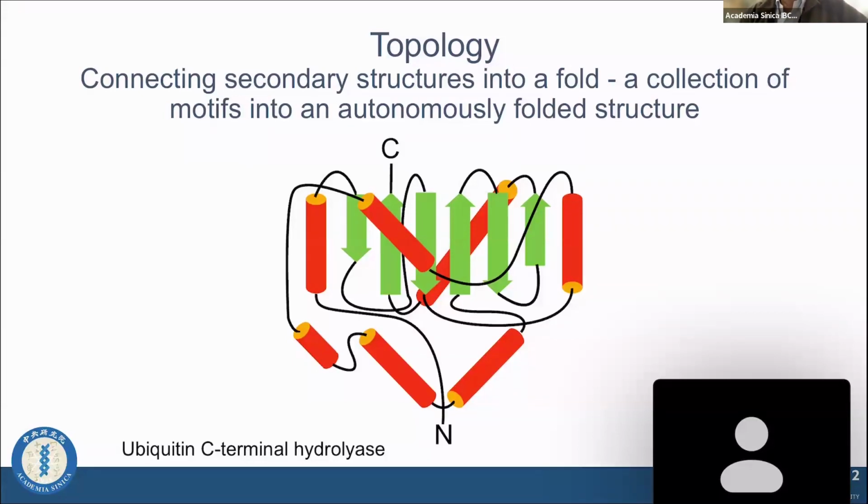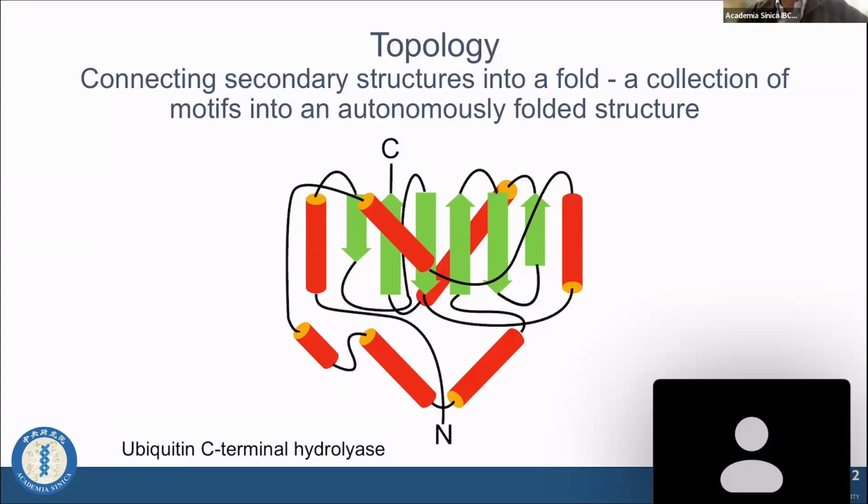What you will see here is a number of helical structures symbolized as these red cylinders. I also have individual beta strands colored in green. From the beginning, indicated as the N, you go through a series of sequential arrangements to the C, which is the end of the polypeptide chain.